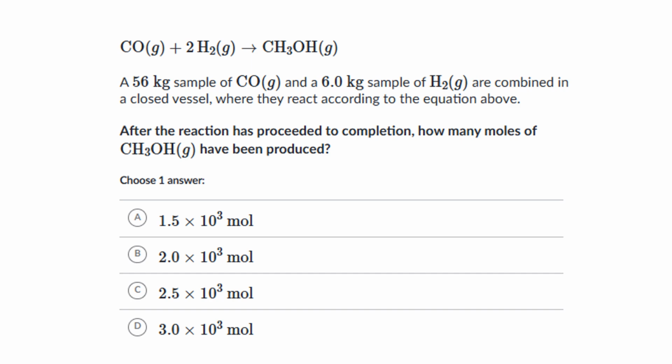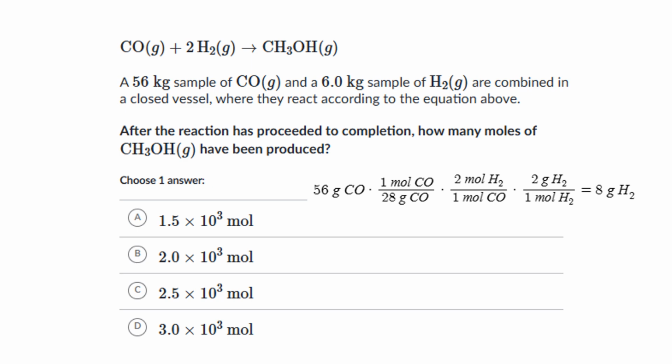One way to do it, the way that I always have done it, is if you just simply take one of the two reactants. In this case, I'm going to say 56 grams of carbon monoxide, although I could have started with my 6 grams of hydrogen. But I'm going to choose to start with my 56 grams of carbon monoxide. And I'm going to convert that to see how many grams of hydrogen would be needed to react with that much carbon monoxide.